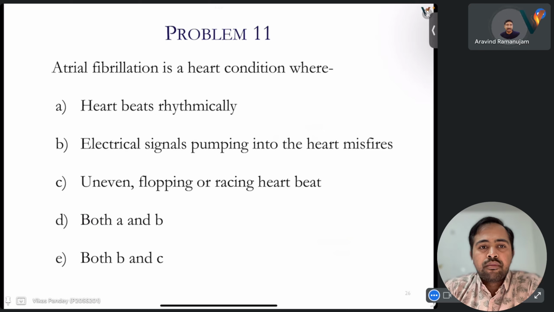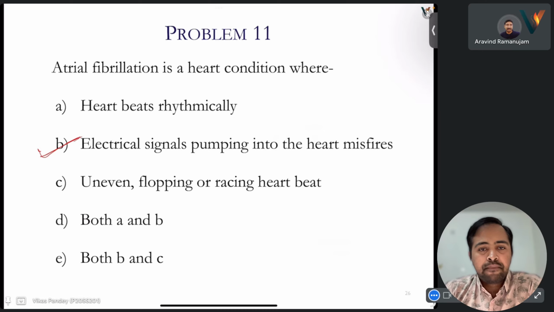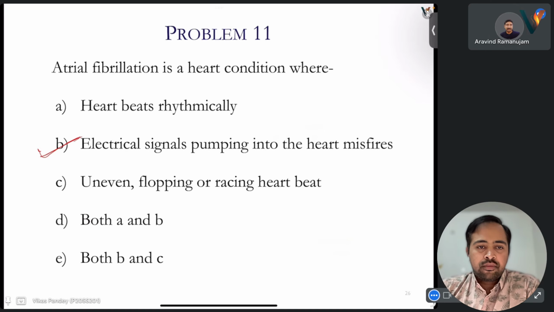So B, electrical signals pumping into the heart misfire. Yes, this is true. Okay. Now uneven flopping or racing heartbeat. Maybe this is also correct, right?